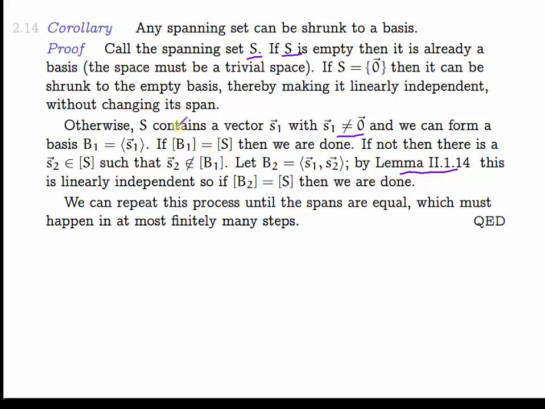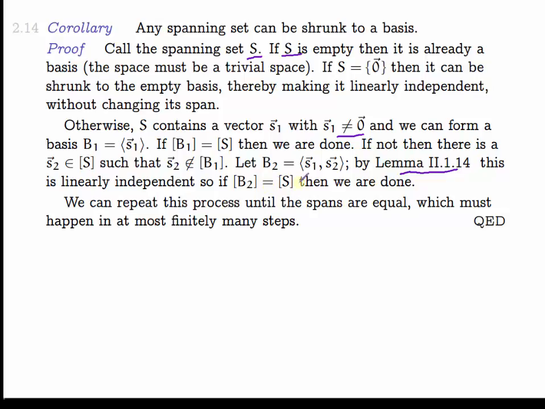Okay, so it's possible that the span of B2 is the span of the entire set S. If not, we just continue. We continue throwing in vectors that are not in the span. Every time we throw in another vector that's not in the span, we can guarantee that we still have a linearly independent set.